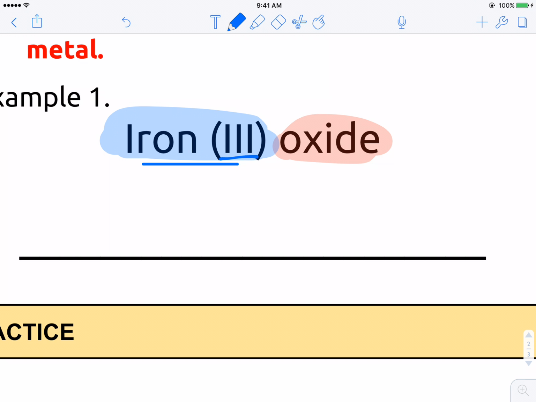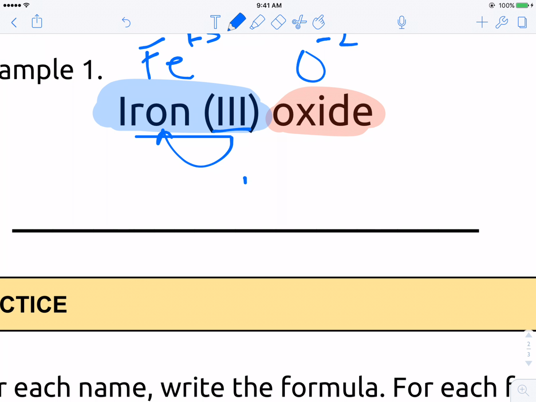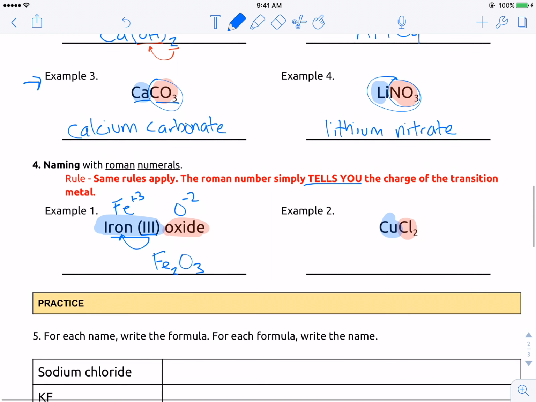So that means this 3 tells me that iron has a positive 3 charge, and it's bonded together with oxygen, which has a negative 2 charge. And so for these charges to balance, I would need a total of 2 irons and 3 oxygens, Fe2O3.